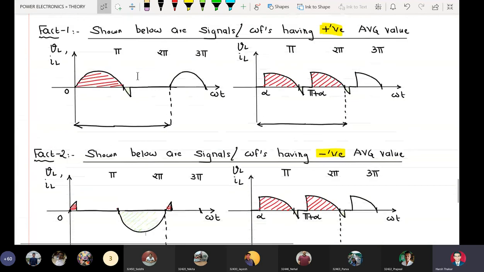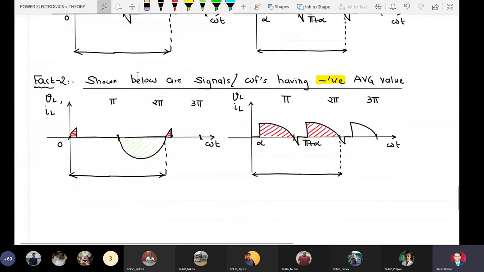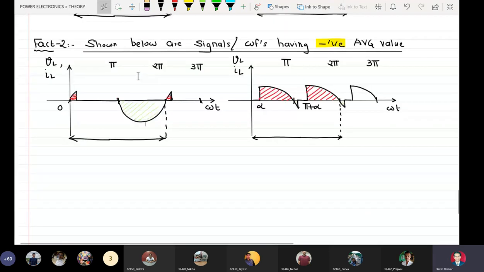The upper waveform shows that the signal can go below the x-axis, still VLAVG may be positive. So even if the waveform goes below the x-axis, it can still have a positive average content. And the second fact also shows that the waveform can go above the x-axis, but still the average content is negative.